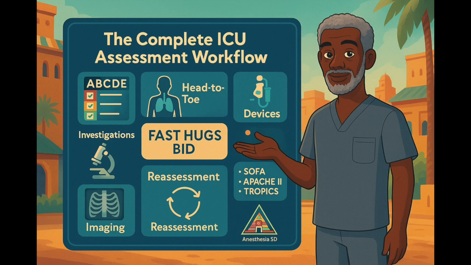Throughout the process, severity scores such as SOFA, APACHE, TRIOS, and condition-specific tools help quantify illness, recognize trends, and support prognostic discussions. Continuous reassessment links every part of the workflow, allowing us to measure the patient's response to treatment, identify complications early, and adjust our management accordingly.